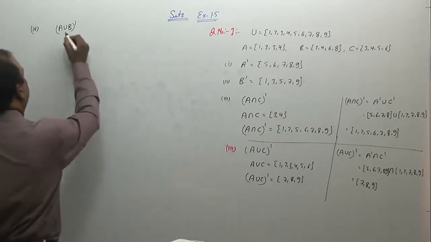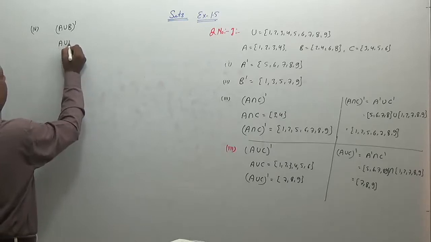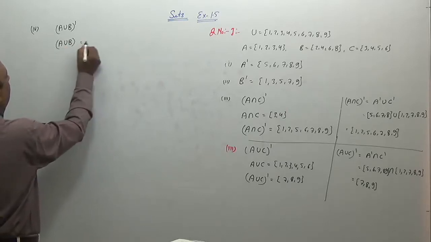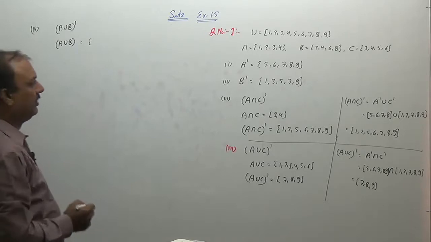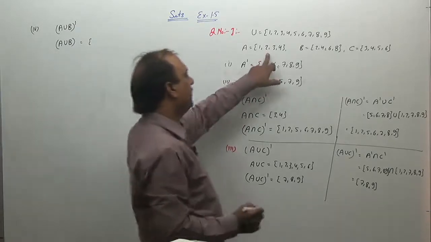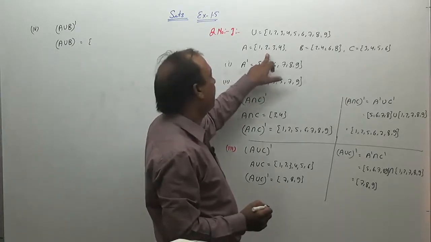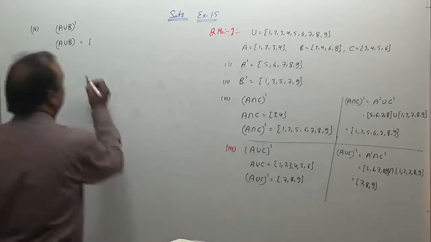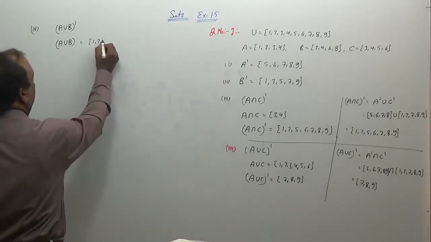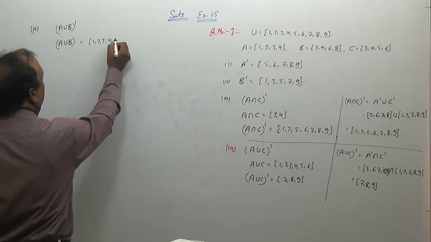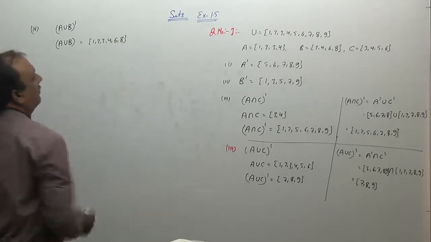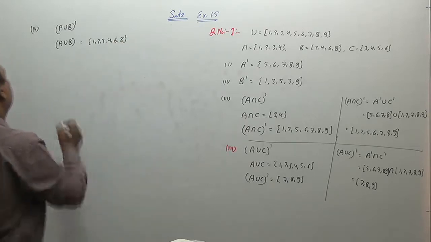First find A union B. A union B is a set which contains all elements of set A as well as all elements of set B, that is 1, 2, 3, 4 and 6 and 8. This is A union B.